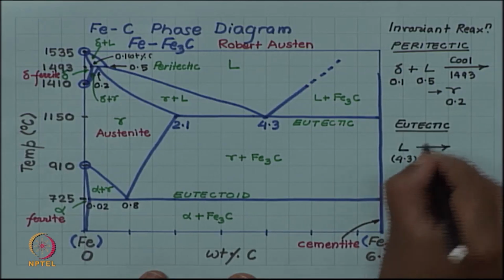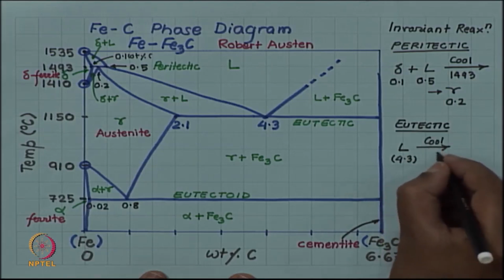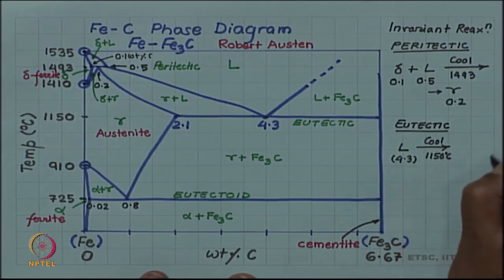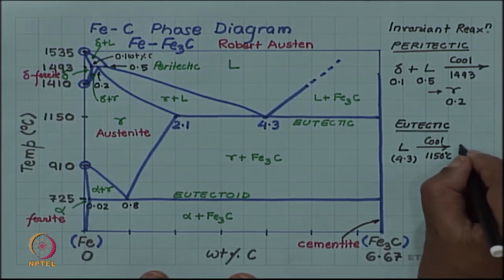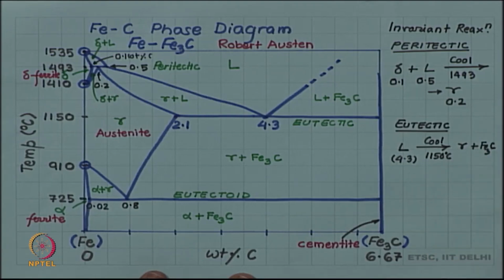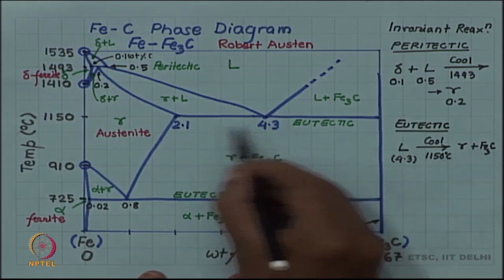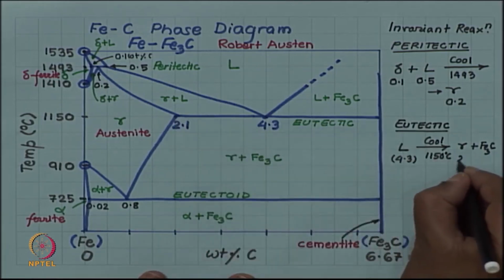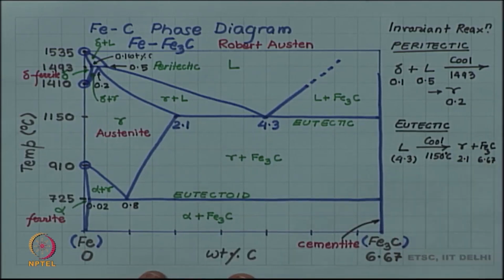On cooling through 1150 degrees Celsius, it will transform into a two phase mixture of gamma and Fe3C. Gamma composition is 2.1, and for Fe3C we have already given 6.67.